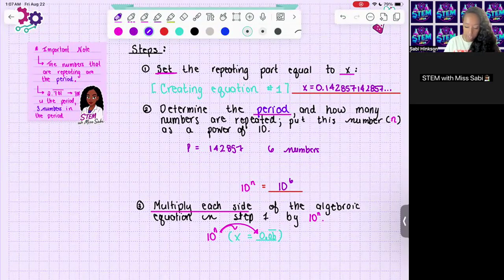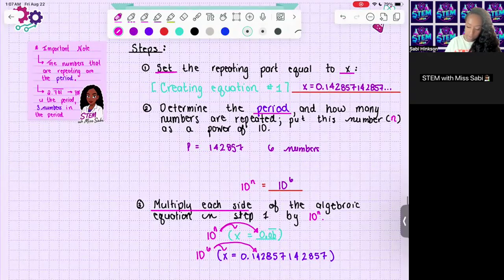is a million, right? So we're going to rewrite our first equation: x is equal to 0.142857142,857, and that's going to be multiplied by 10 to the power of 6. And remember, that's going to distribute everything over here.